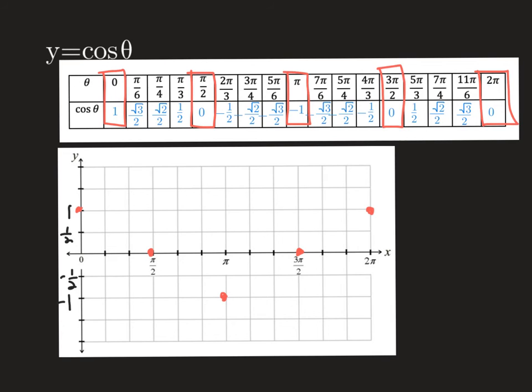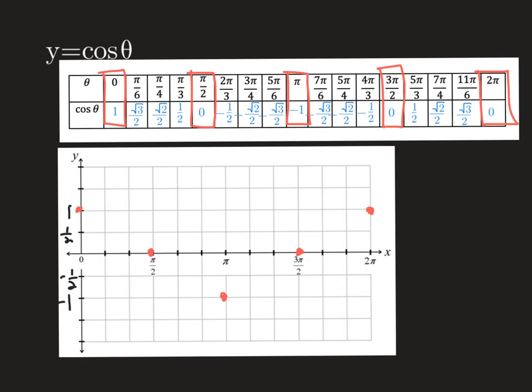Okay, so this one looks different, and this one is a little bit easy to get wrong just because it doesn't follow quite the same pattern when we don't continue the graph on. So let's look at how those other x values, other theta values rather, play into this graph and help us.